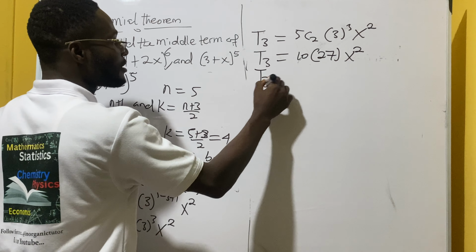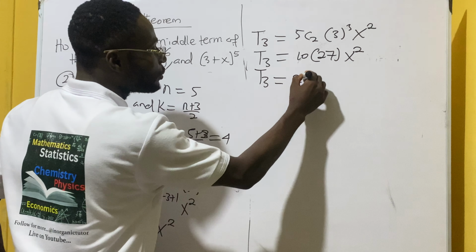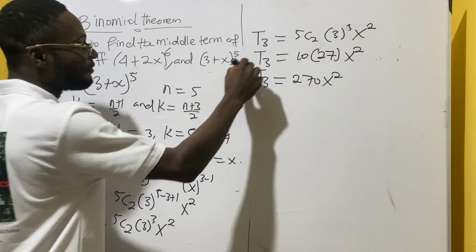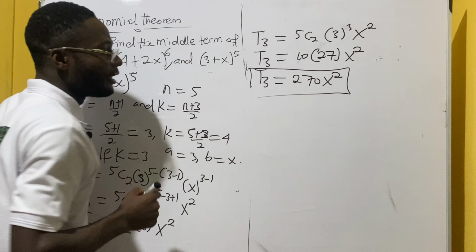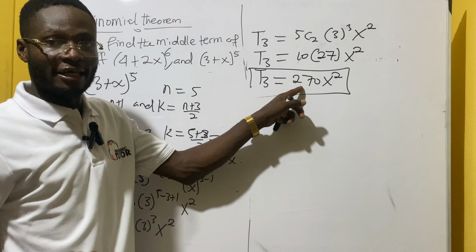So we have t3 equals 10 times 27, which is 270x squared. So we have our first middle term, which is the third term.